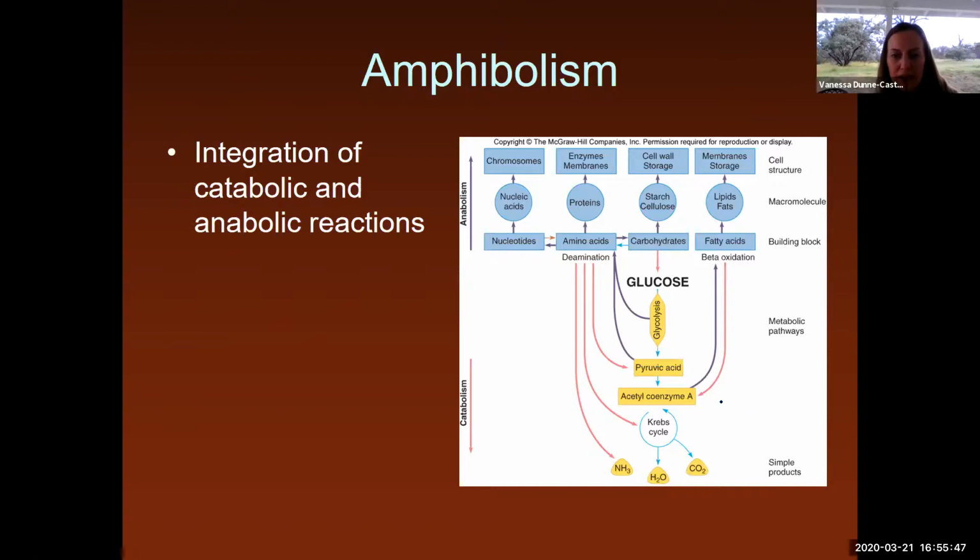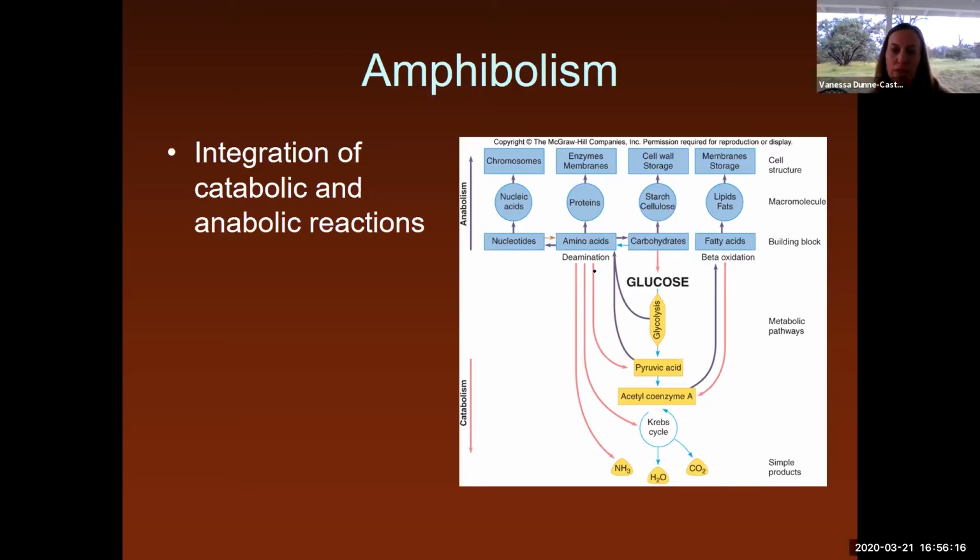So this back and forth between these central catabolic or metabolic pathways and these different biosynthesis reactions is called amphibolism, where there's a complete integration of catabolic and anabolic reactions. So it's not as simple as just looking at ATP being produced from catabolism that can be used to generate the power for anabolic reactions. Now I really want you guys to keep in mind that it's all these metabolic intermediates too.